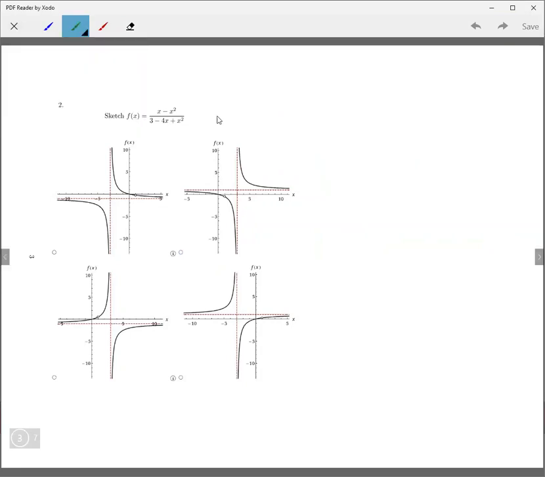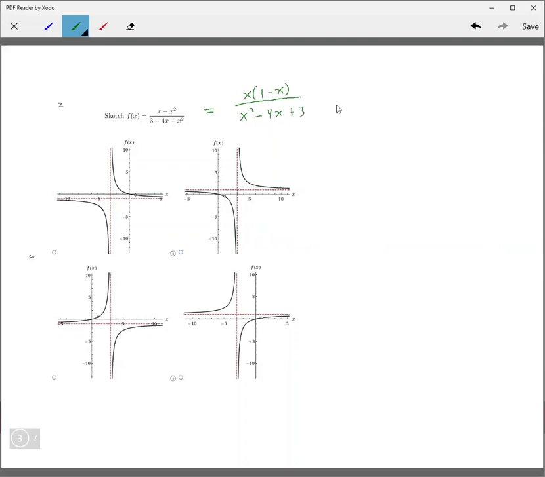Okay, so here we have x minus x squared over 3 minus that, okay, minus 4x plus x squared. Okay, so for this one, what you want to do is factor it. So it's x times 1 minus x in the numerator, and the denominator, that's x squared minus 4x.